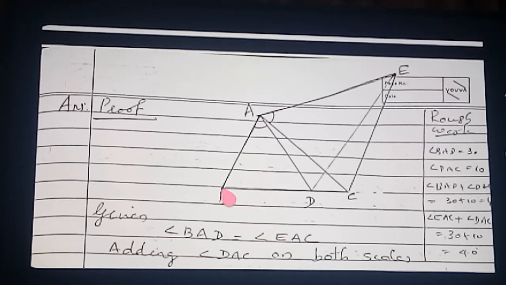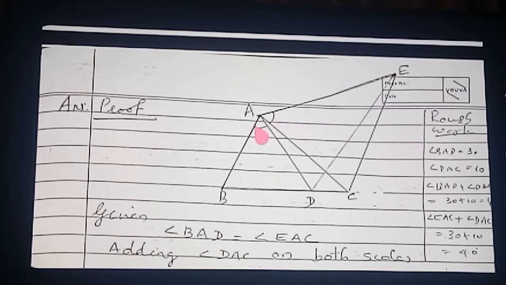For this triangle BAC, you need the angle BAC, so I am adding angle DAC on both the sides. I have shown rough work for you. Suppose BAD is 30 degrees and DAC is 10 degrees. Then what is BAD plus DAC? 30 plus 10, 40 will come.